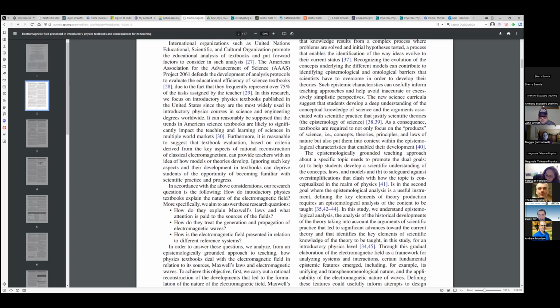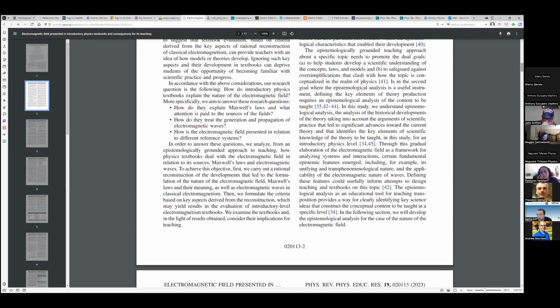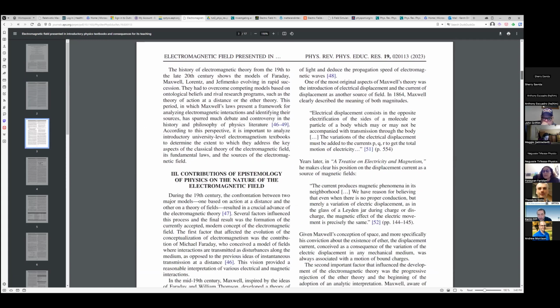And where do the fields come from, the sources of the field in all cases? Especially they were interested in how we use the variation of the electric field to generate a magnetic field, or the variation of the magnetic field to generate an electric field. And they thought it was puzzling, the way the textbooks were presenting this.